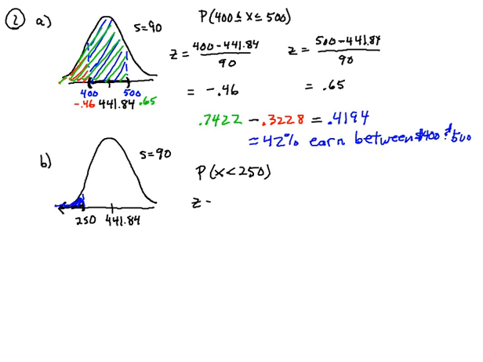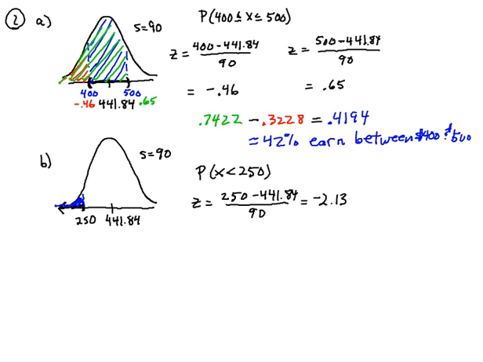All I have to do is get a z-score for 250. I'll subtract the 441.84 and divide by the 90, and I get a negative 2.13.